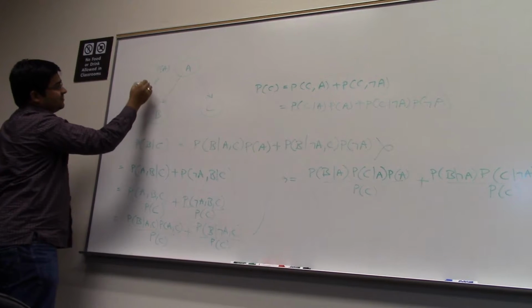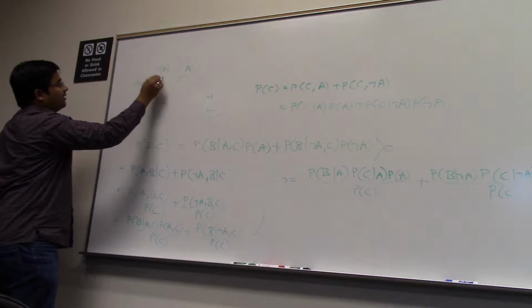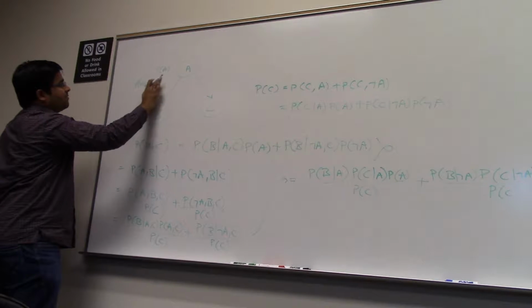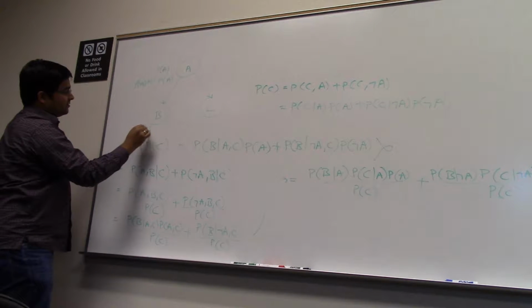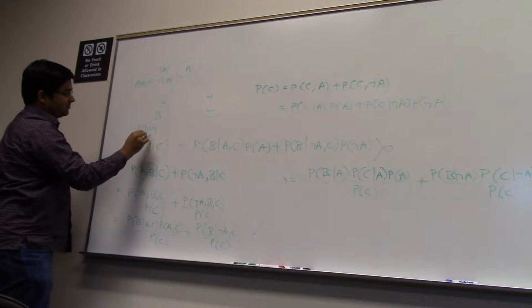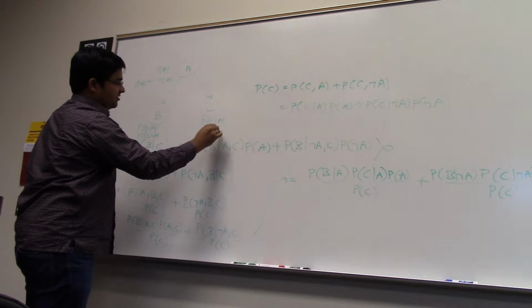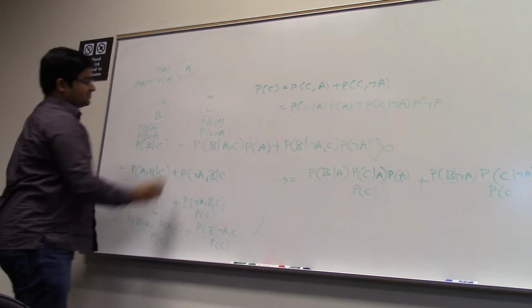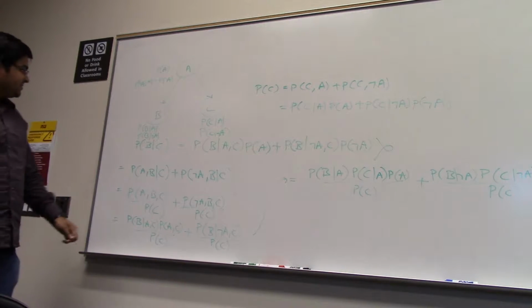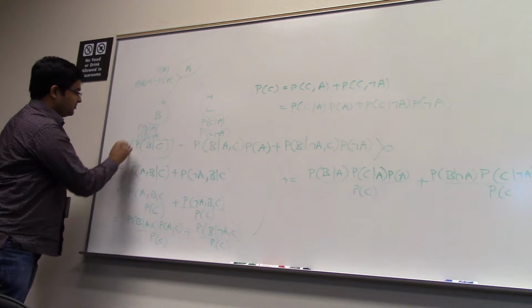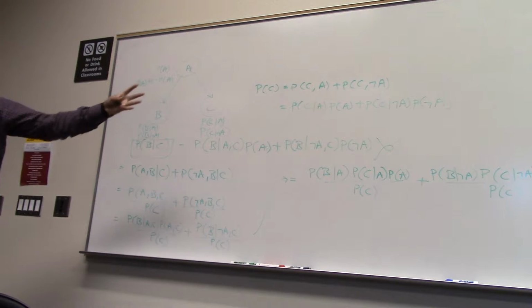This is just 1 minus P(A). And here we'll have P(B given A) and P(B given not A). Similarly, P(C given A) and given not A. All these values will be part of the CPTs. In order to find this, we have to get an expression in terms of these known values, which we did.